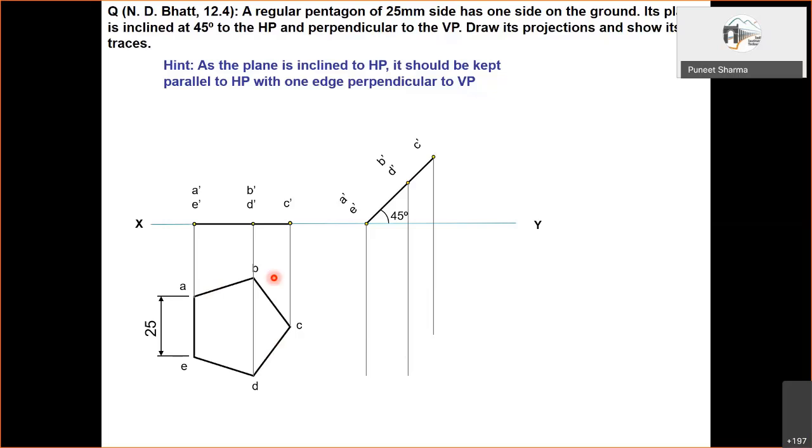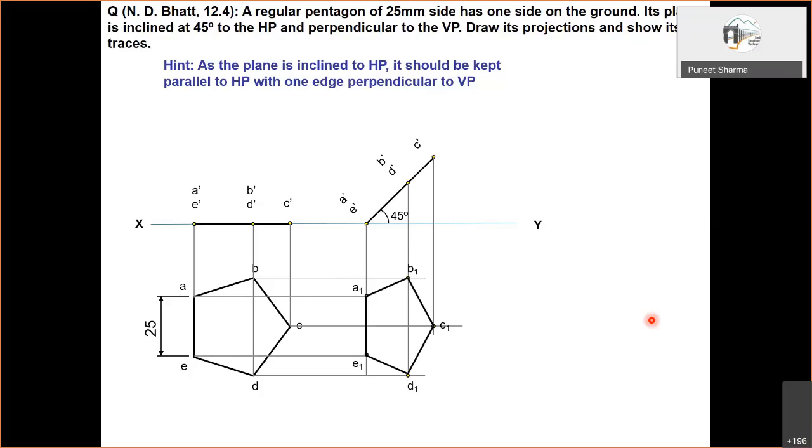Like A is to be at this much distance, so we draw this line, then this same distance we achieve here. So here we will mark small a. If you draw another line from here, you will mark small e, and so on. Like this, all the corner points will be located. If we join these, then we can complete the top view.